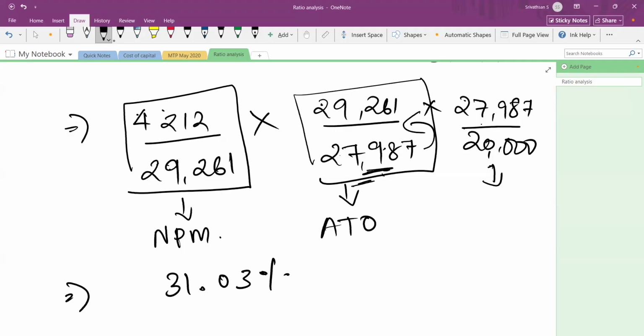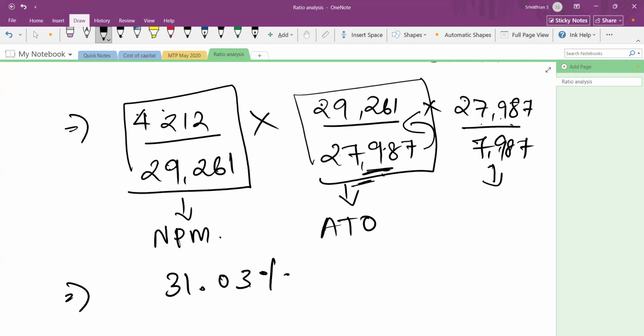They are using 20,000 rupees of debt means, do you know how much equity this is? 7,987. 27,987 is the total asset, out of which 20,000 is financed using debt. Only 7,987 is equity. In such case, what is the return on equity? 52.75, right? So by just inflating the debt, the company can increase the return on equity or not?